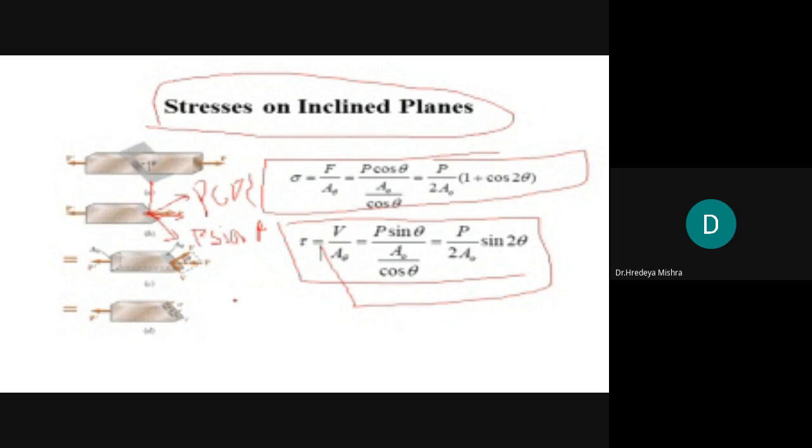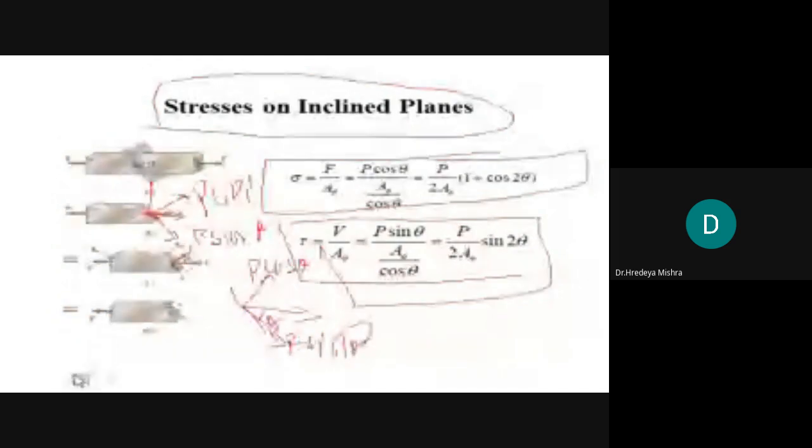I explain like this. A force is applied like this, then we draw a line perpendicular to the plane. If this is theta, then this is our P cos theta and this is our P sin theta. Okay, that is the way.